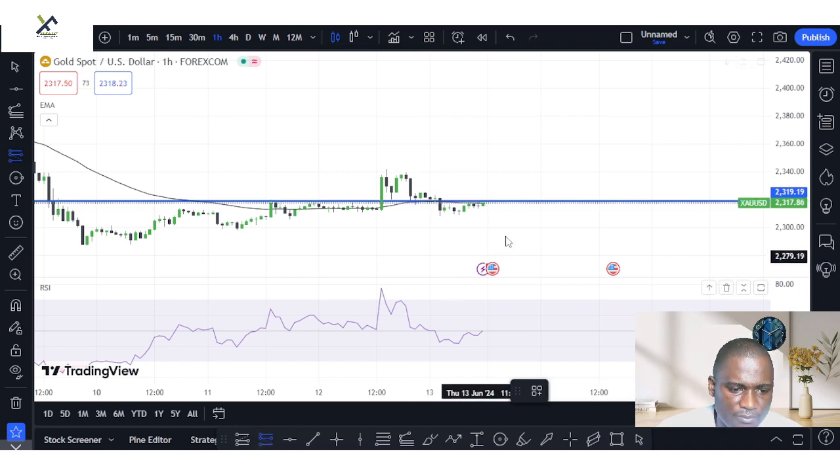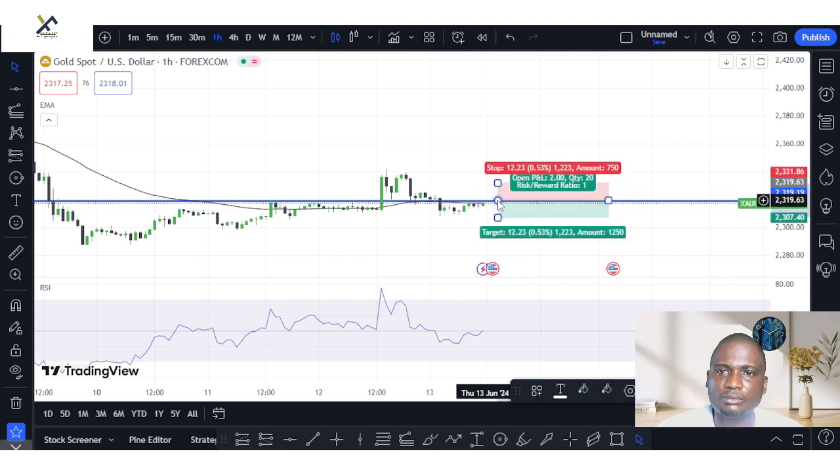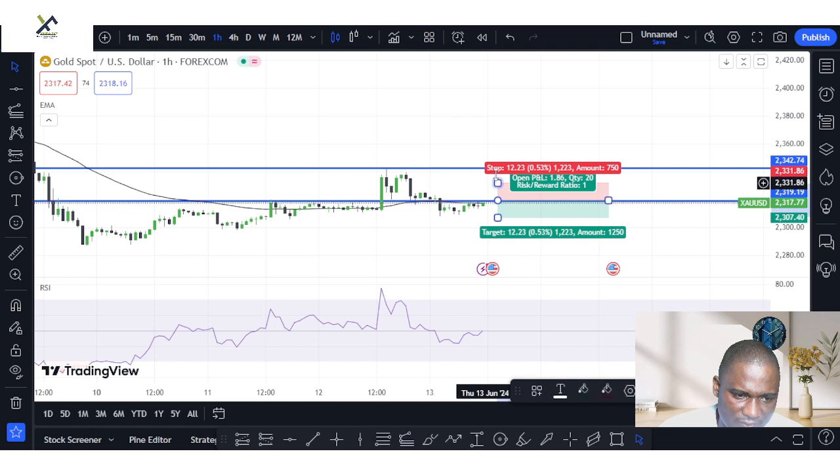You click on it, then come to your entry level, and click on your entry level. Once you click on your entry level, it will plot automatically by itself. Now it is left for you to adjust to what you want. If this is my stop loss, this becomes my stop loss.